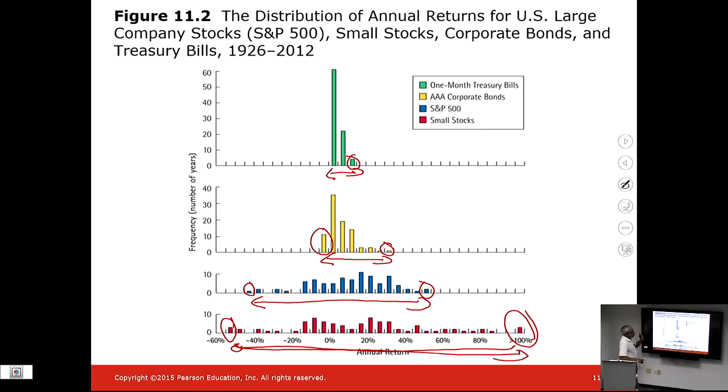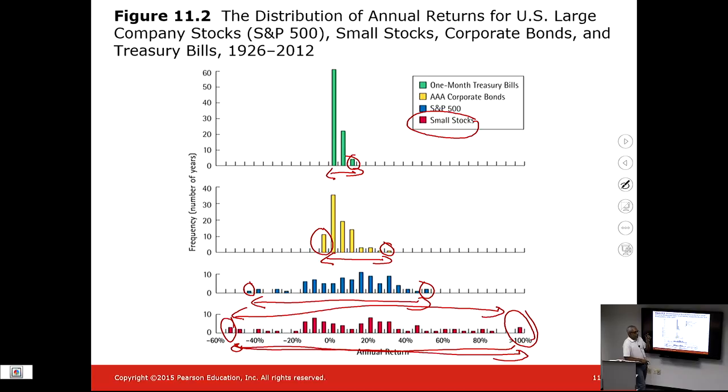to tell us the story of risk. Why are small cap stocks the riskiest? Because they have the widest dispersion of numbers. That means on any given year, the outcome could be as low as minus 50 to as high as plus 100 for the red bars. However, for the blue bars, for example, for the yellow bars, much tighter, anywhere between, say, 0 and 30% or 40%.